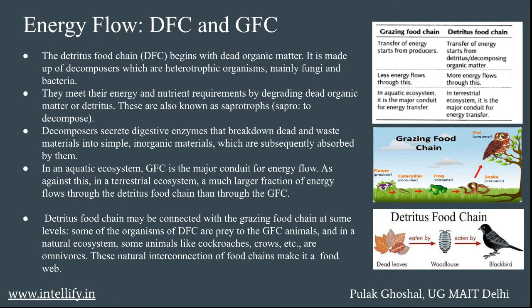In the previous slide we saw that if the owl or the snake or any other organism, or the plant itself dies, that will lead to formation of dead leaves, which will be further decomposed and converted into organic material and enrich the soil quality. So this way the detritus cycle may be linked with the grazing food cycle as well.